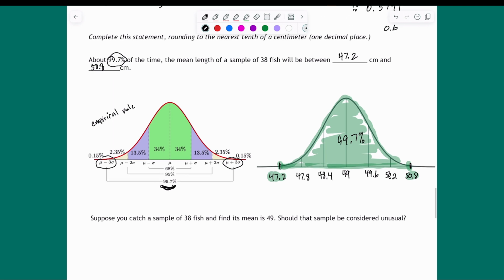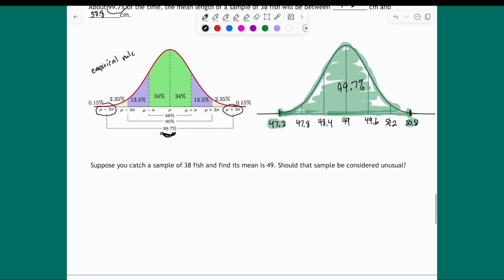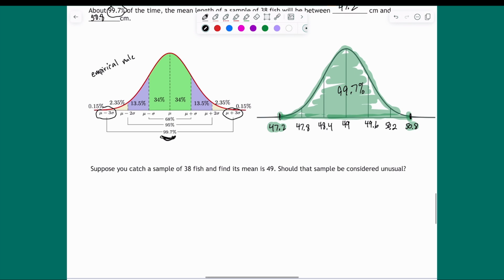All right, let's look at the next part. Suppose you catch a sample of 38 fish and find its mean is 49, and I believe I left off centimeters. Should that sample be considered unusual?